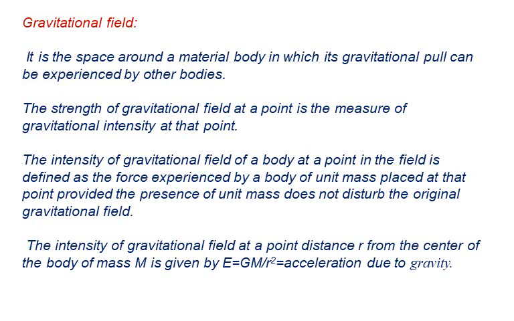This is the intensity of gravitational field denoted by E. And you know that this GM upon R square is also the acceleration due to gravity. At R equals infinity, E will become 0. Thus, gravitational field intensity decreases as distance R increases and becomes 0 at infinity.